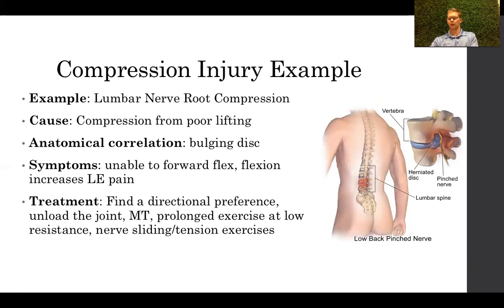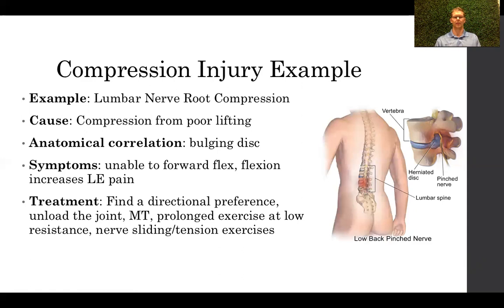So we have someone who presents with lumbar nerve root signs and symptoms, which means they're having dermatomal weakness, myotomal weakness, hyporeflexia, and they're going to be unable to bend forward, or flexion will likely increase symptoms down their leg. When someone has symptoms going down their leg, it's likely going to be either a nerve root compression, maybe central spinal cord compression, or it could be a peripheral nerve issue, or a combination of multiple ones.